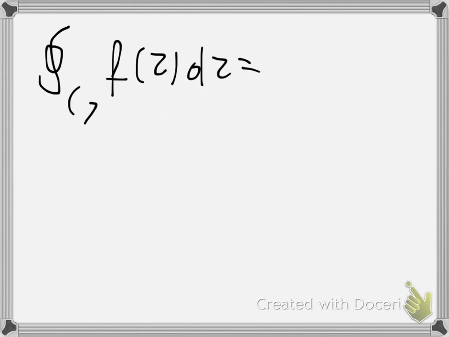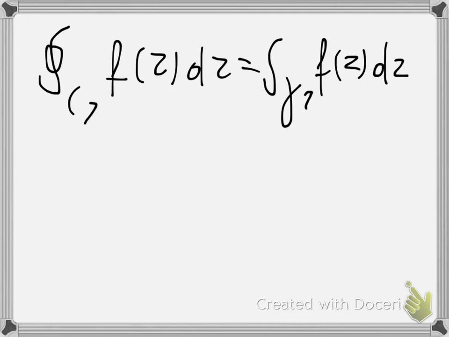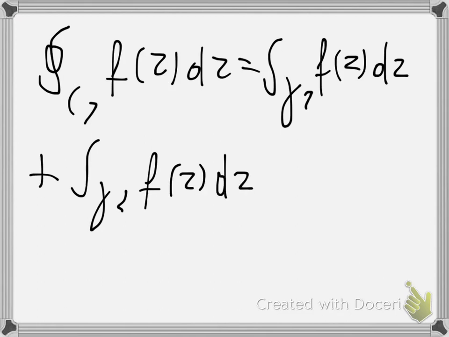So it will be the integral around gamma 1 of f of z dz plus the integral around gamma 2 of f of z dz.